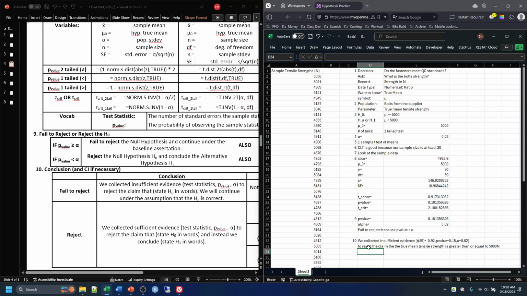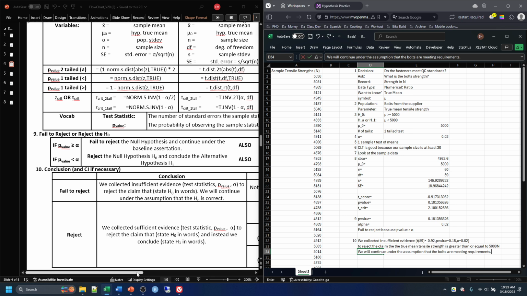And then we will continue under the assumption that the bolts are meeting requirements.